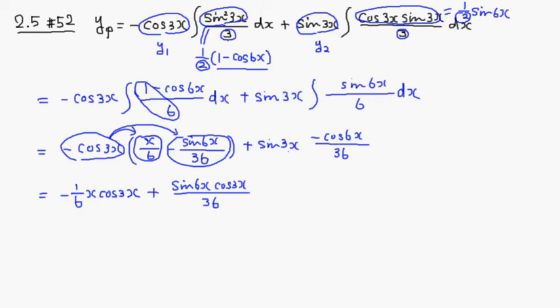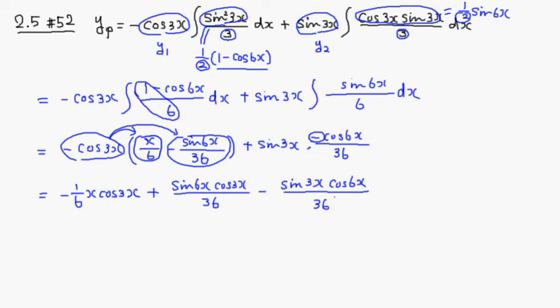The last term is negative, and that's a multiplication, so you have sine of 3x times cosine of 6x, with 36 on the bottom.